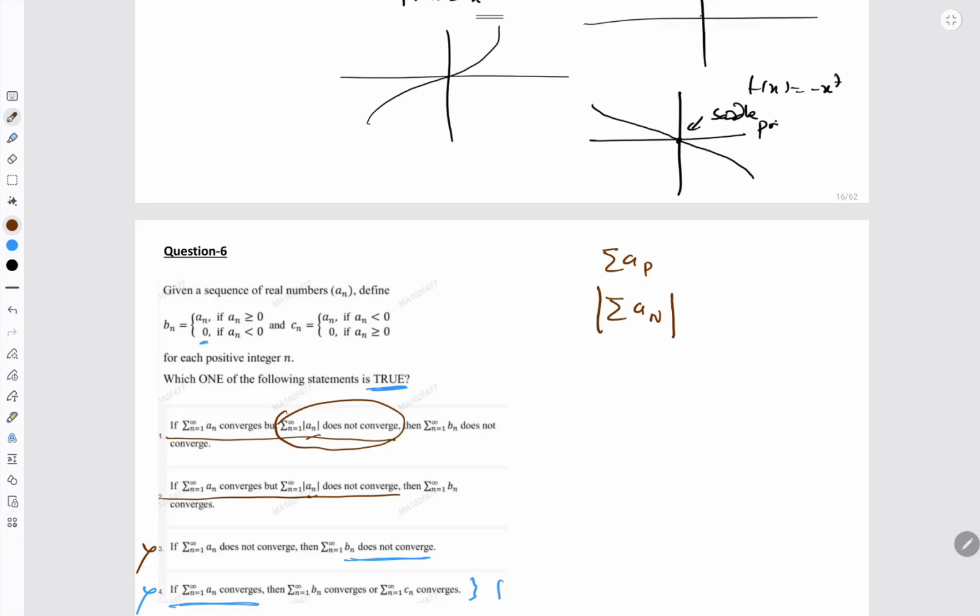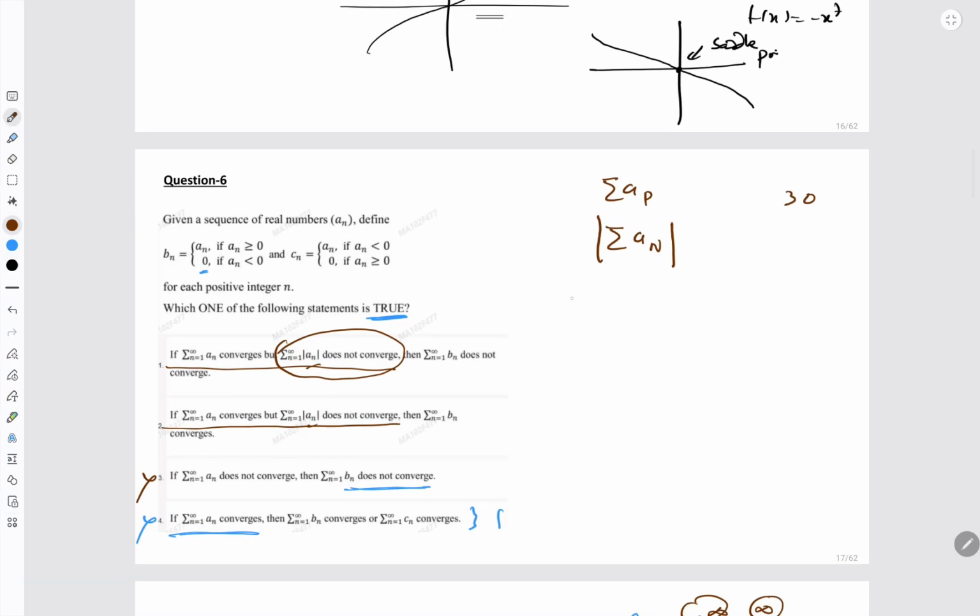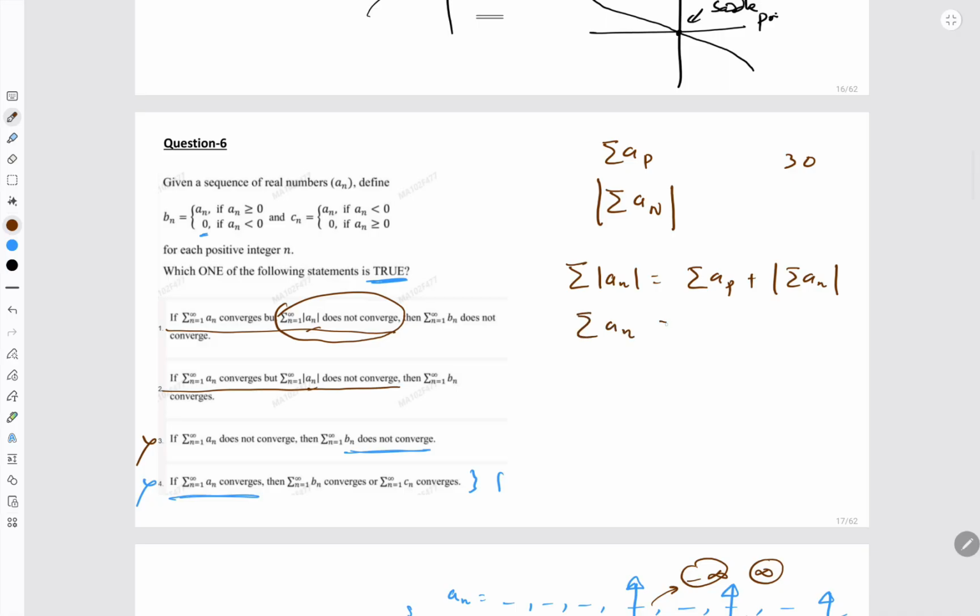Mod an is the positive part: if you add negative terms it becomes negative, but we are taking the positive value. That is the meaning of sigma mod. Sigma mod an is equal to sigma ap plus mod of sigma an, right? And sigma an was nothing but sigma ap plus sigma an.